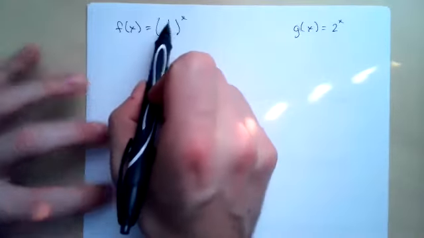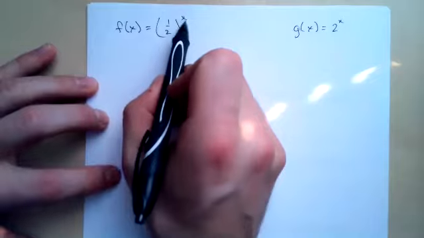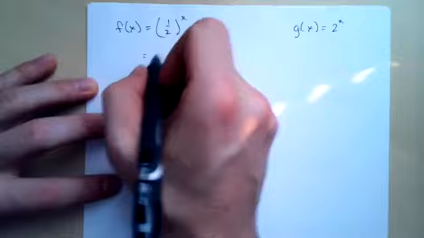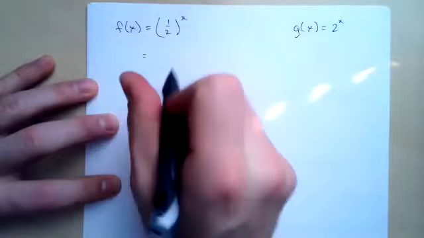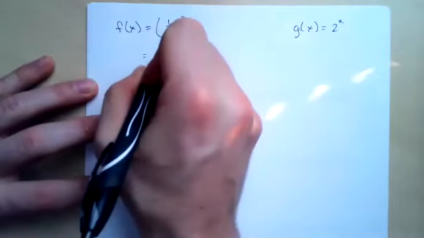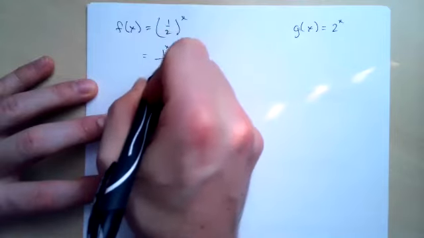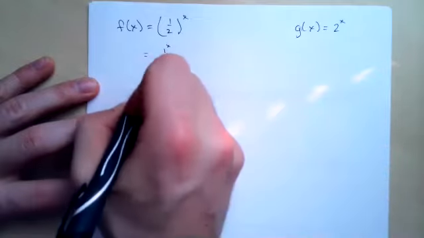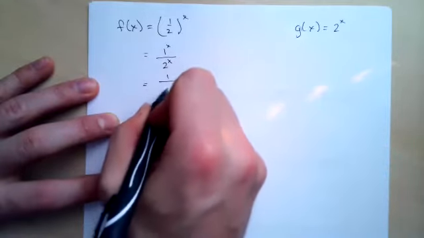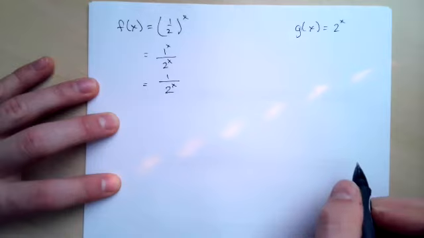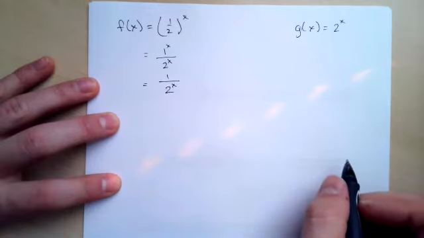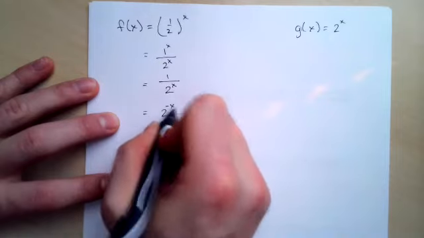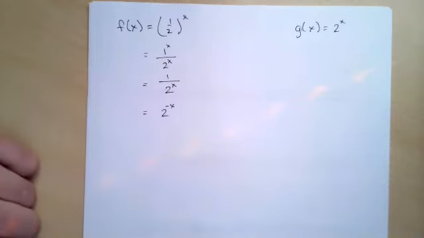Well, whenever we have multiplication or division inside an exponent, exponents distribute over multiplication and division, not addition or subtraction. Be careful with that. So I can write this as 1 to the x divided by 2 to the x. But 1 to the x is just 1. So really it's 1 divided by 2 to the x, which we can actually write as 2 to the negative x if we want to use these negative exponents.